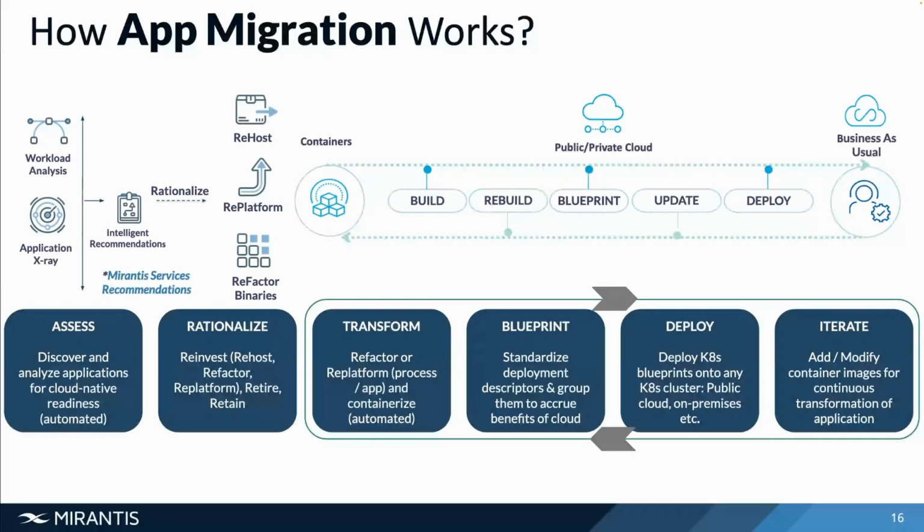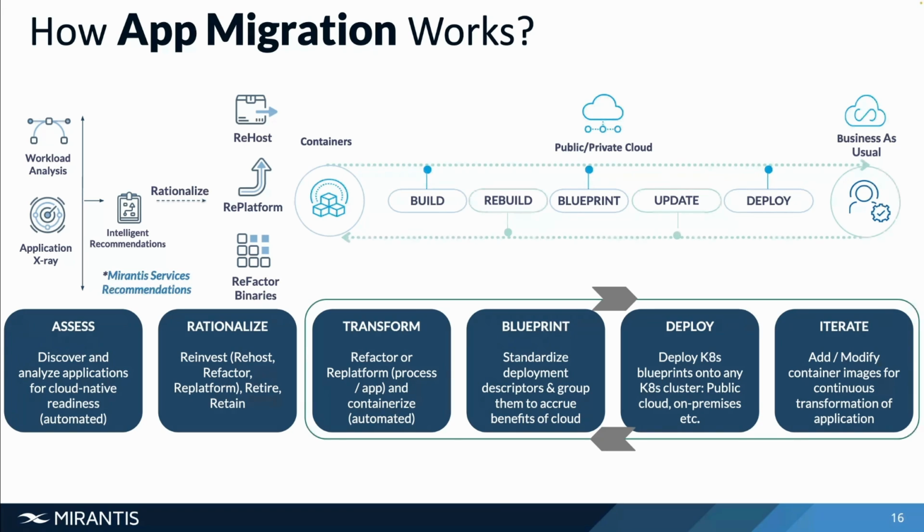By blueprints I mean the definition or template that would define how these containers need to be deployed in a target Kubernetes cluster. That target Kubernetes cluster can be anywhere. Again, we are agnostic, so it can be on-prem, off-prem, or in public cloud, on any of these Kubernetes clusters. And this blueprint would be the source of truth of how to deploy these applications.